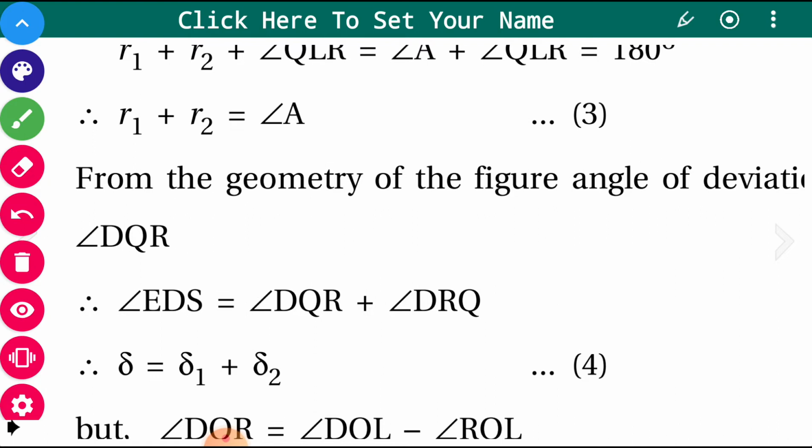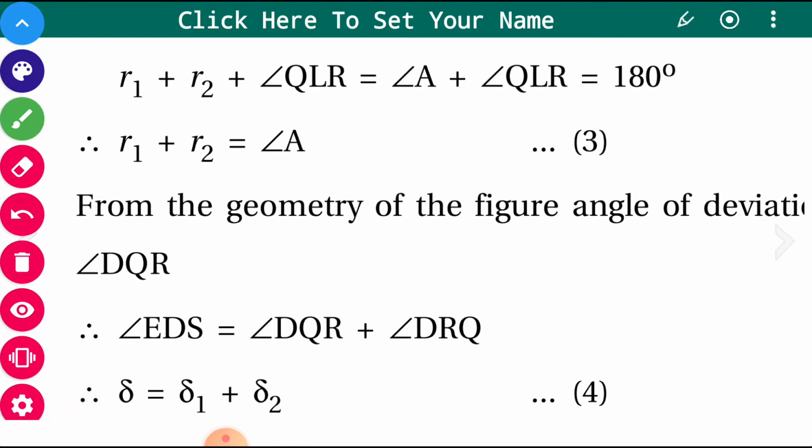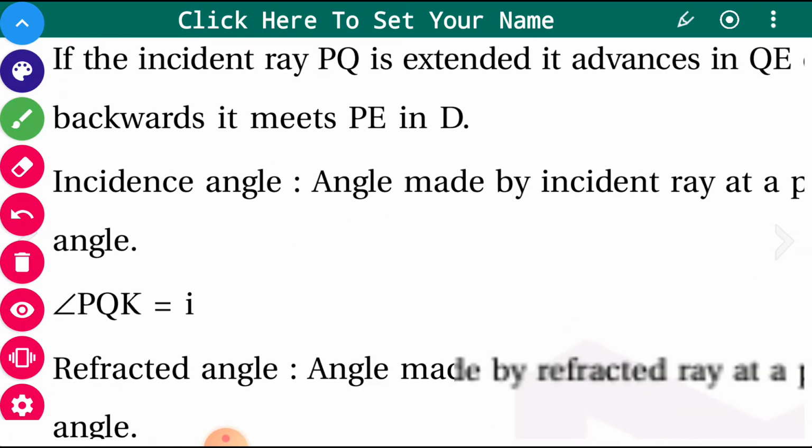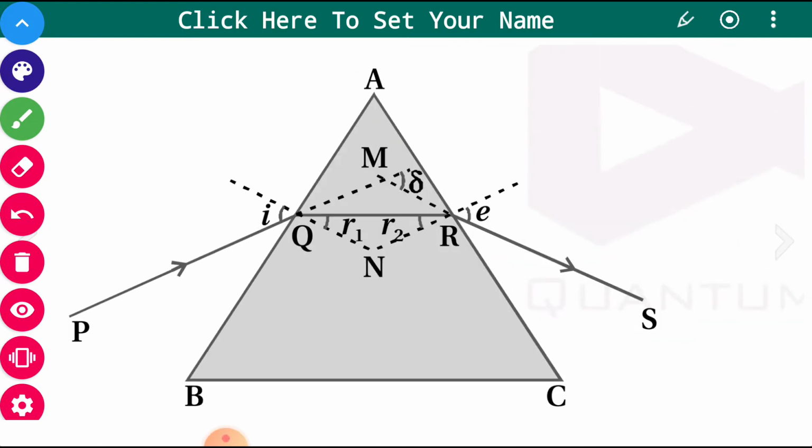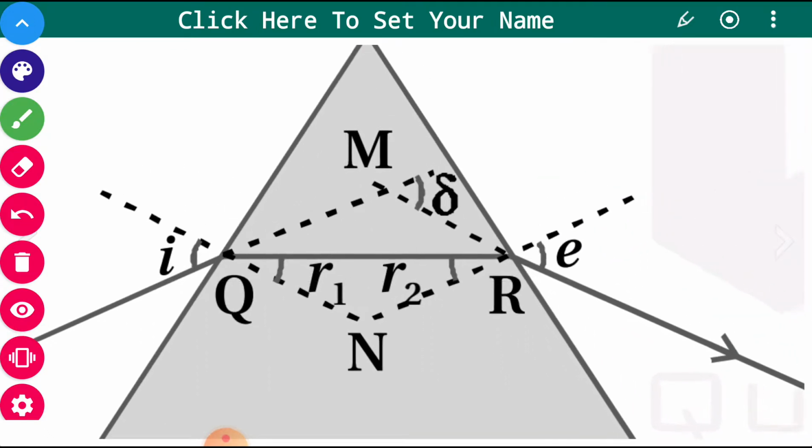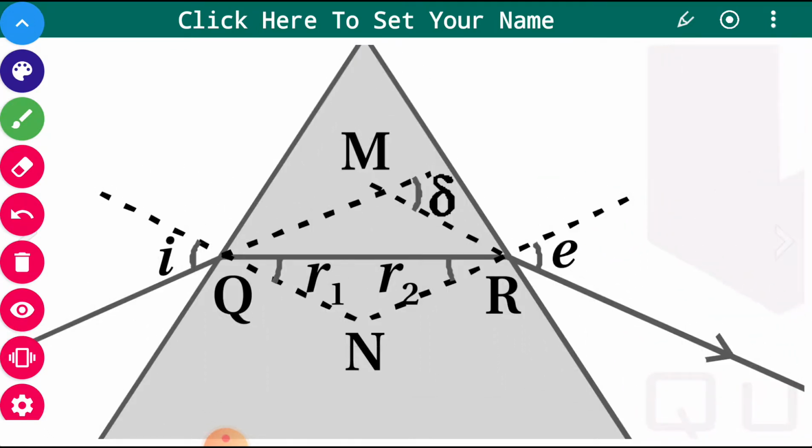Now the deviation angle can be written as follows, shown here in this figure. Look at this properly.